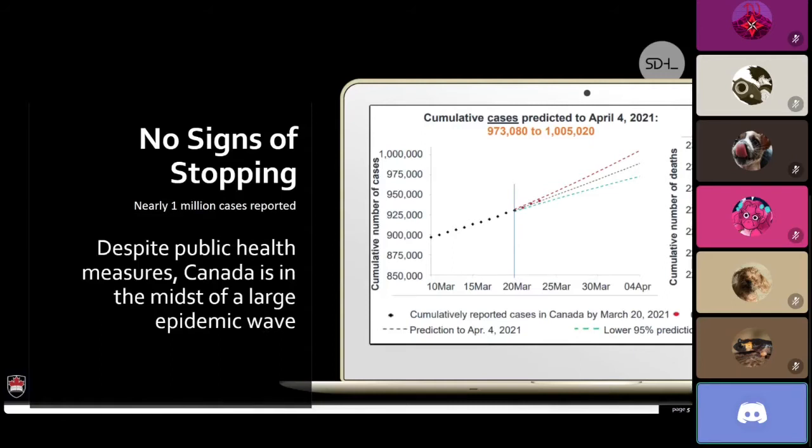But yeah, at least in the Canadian context, case growth has been absolutely exponential, and the picture that you see here is taken from modeling documents from the Public Health Agency of Canada. By April 4th, we might hit nearly a million cases.